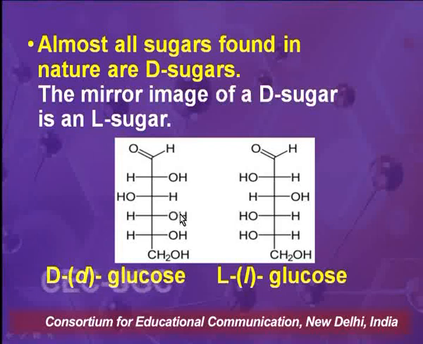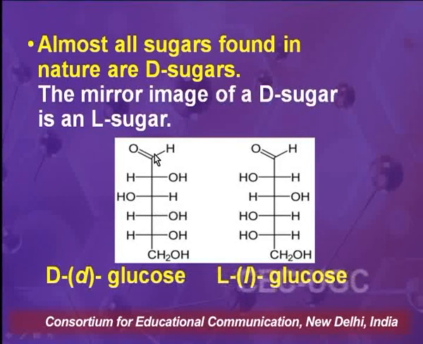Similarly, look at the structure of two isomers of glucose whose relationship to each other is that of enantiomers, that is, they are non-superimposable mirror images of each other. We find that D-glucose, which is dextrorotatory also, has an OH on the right hand side at the highest numbered asymmetric carbon.